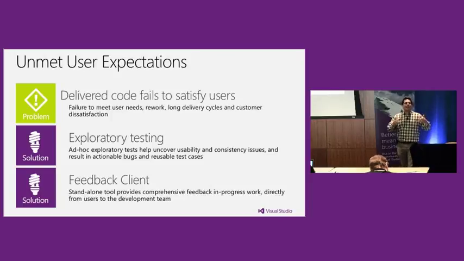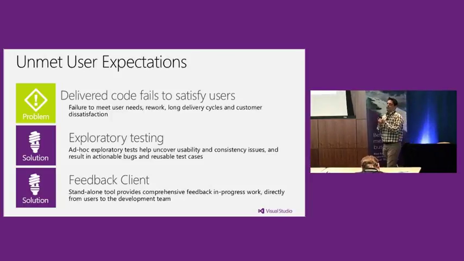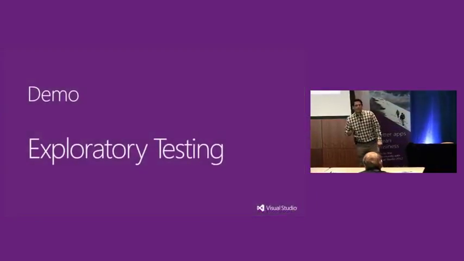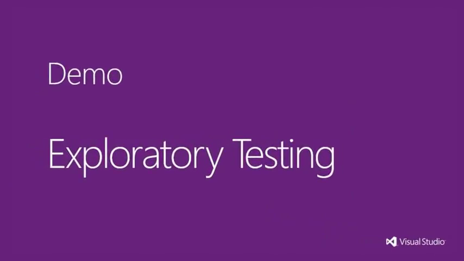They send us feedback and we shorten the connection. We're connecting the dev people and the test people. In my next demonstration, I'll show how exploratory testing is performed with Visual Studio 2012.